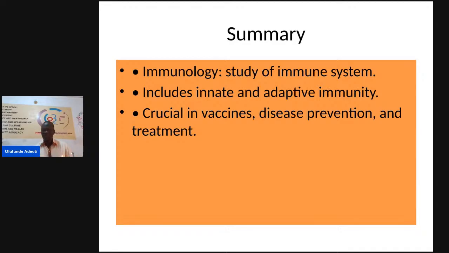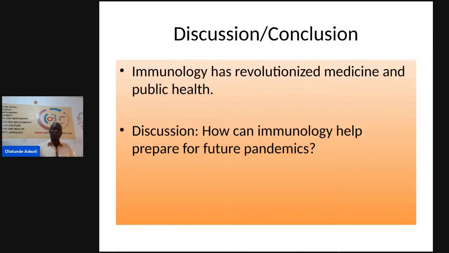Then, summarily, don't forget that in this presentation I told us that immunology is the study of the immune system. It can be divided into innate and adaptive immunity, which is very crucial in vaccines, disease prevention, and treatment. So immunology has actually revolutionized medicine and public health.